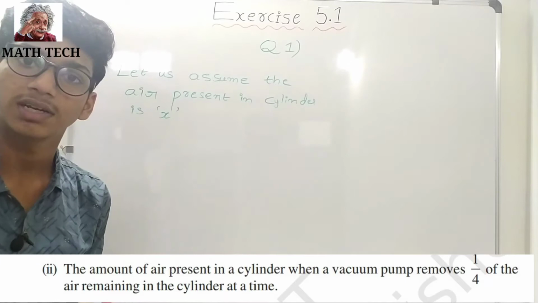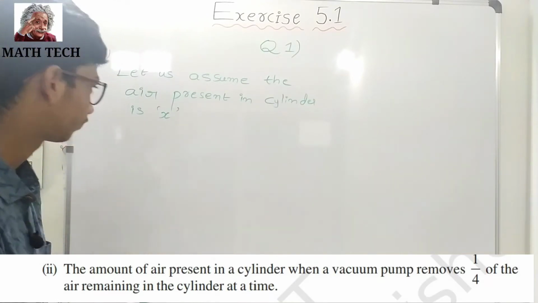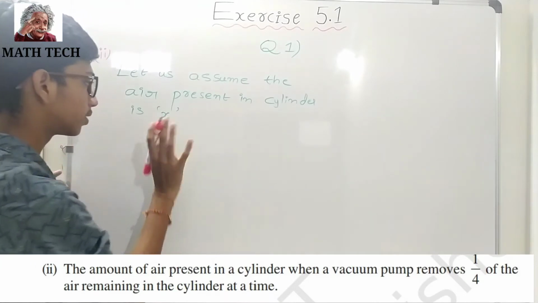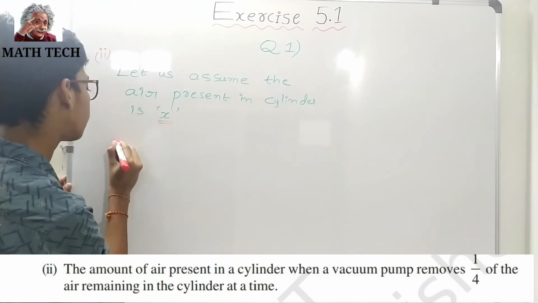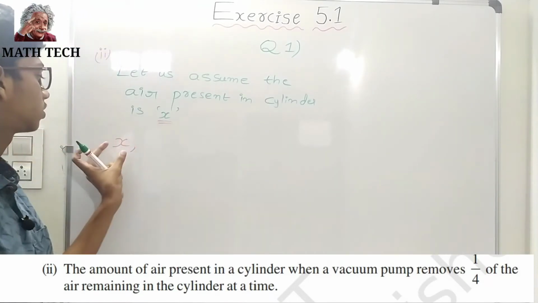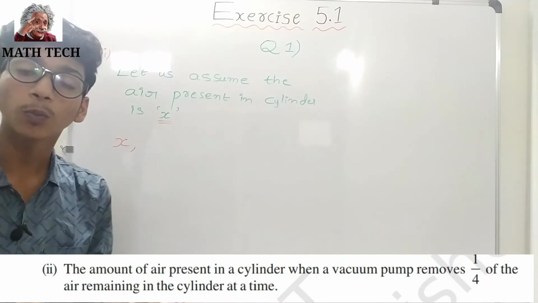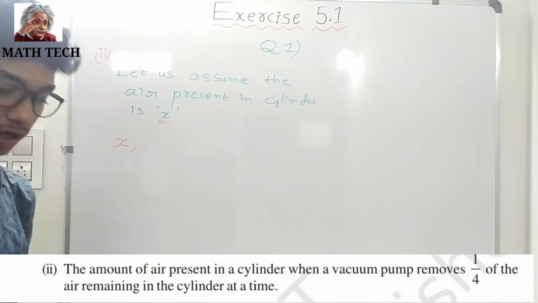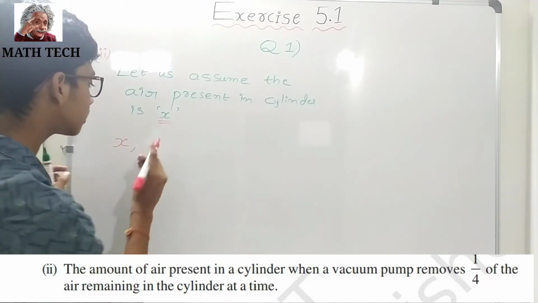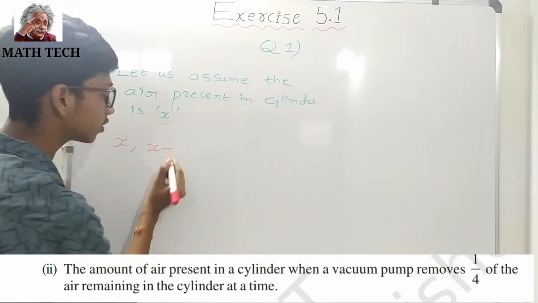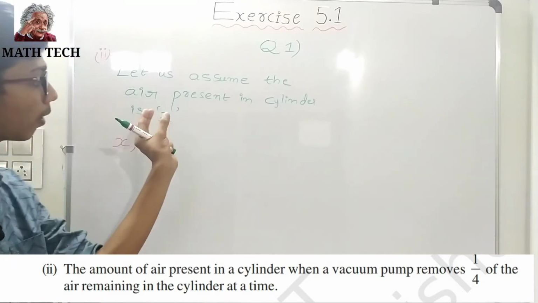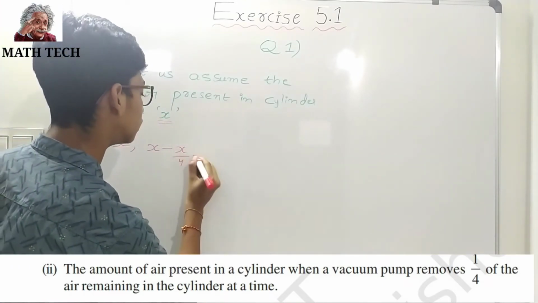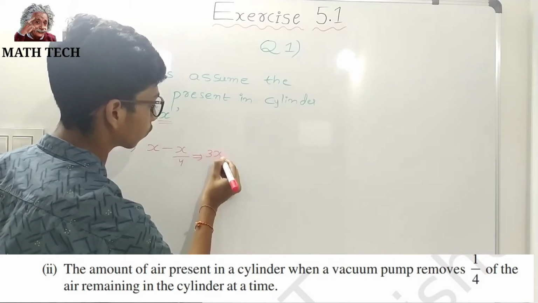If the air present in the cylinder is x, the vacuum pump removes 1/4 part of x. Then the remaining is x minus x/4, that is 3x/4.